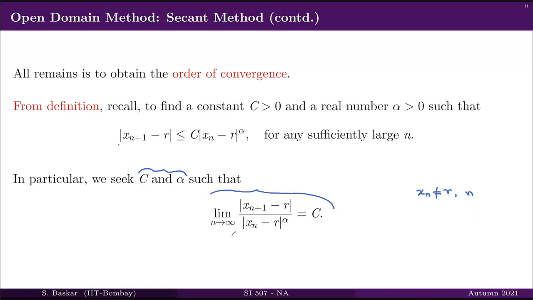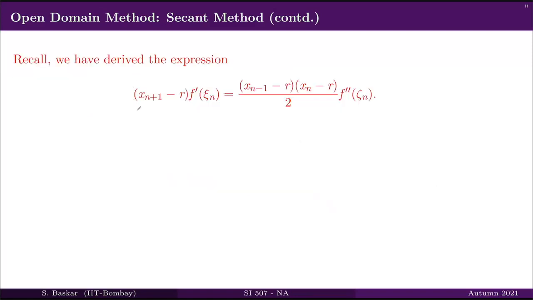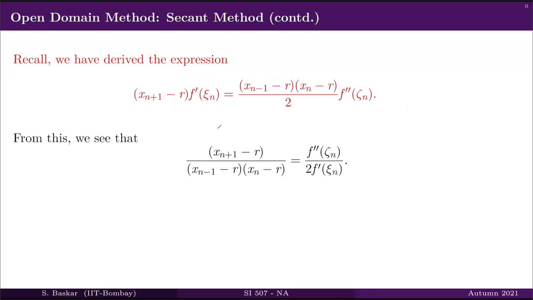Then we can claim that the sequence x_n converges with order alpha. Let us see how to find C and alpha such that this condition holds. Again, we will start with the expression that we derived as the first step of our proof. This expression can be equivalently written like this.